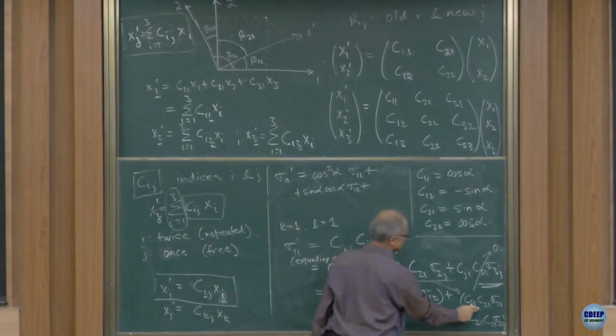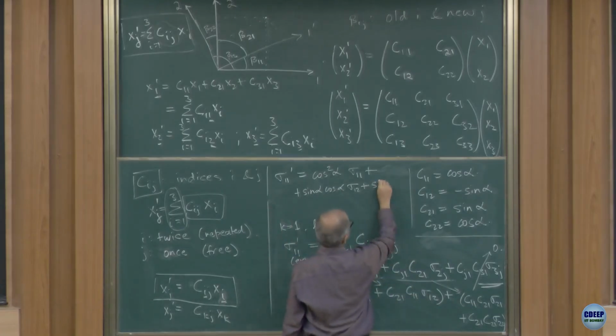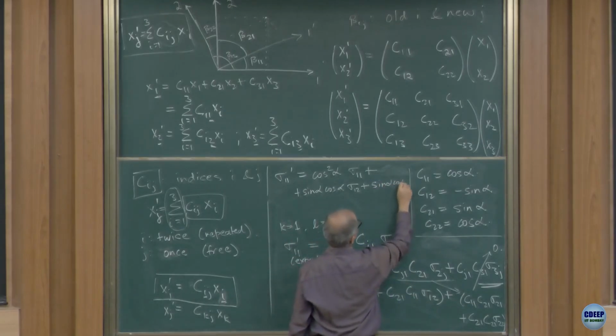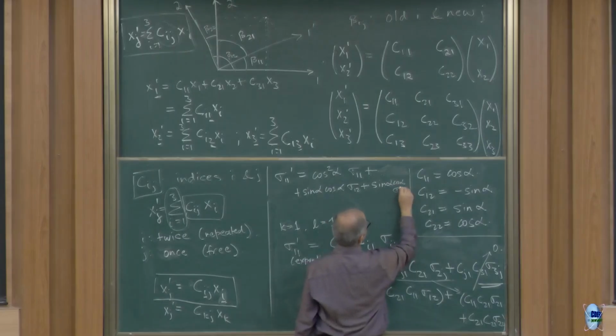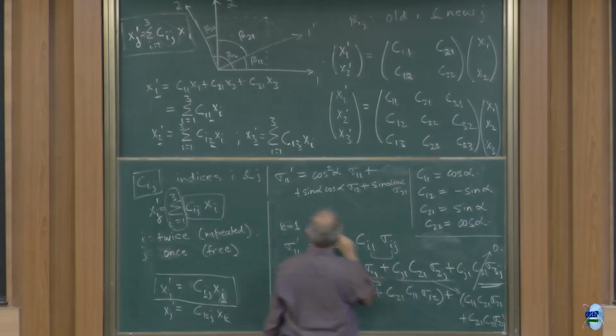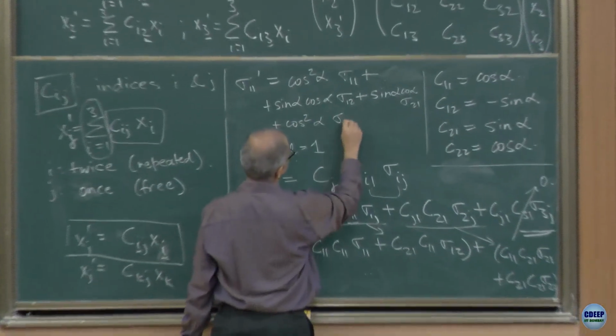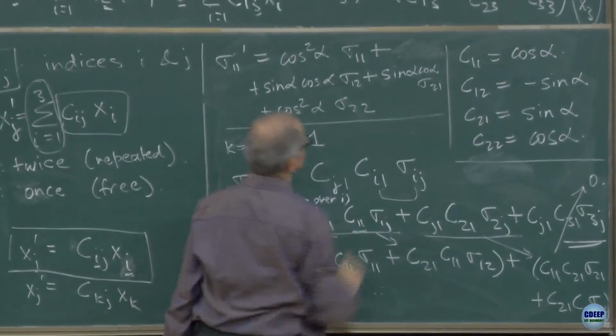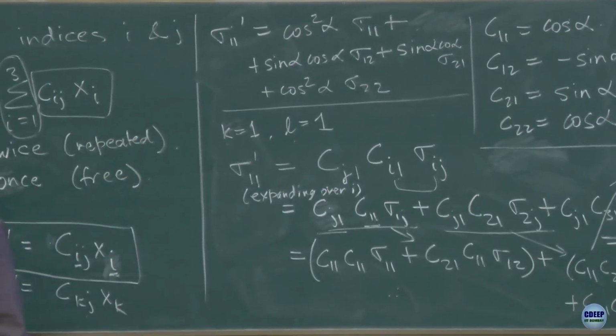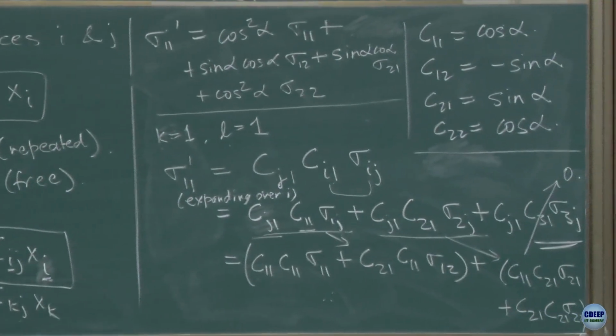C21 is correct, this is also with a plus sign, sin alpha cos alpha, and sigma 21, plus cos square alpha sigma 22. So does this remind you of anything?